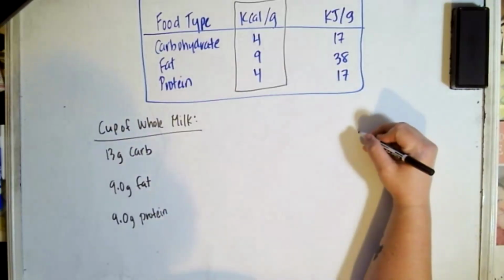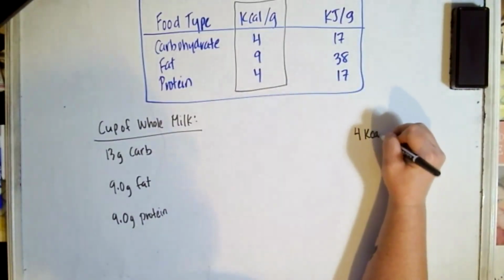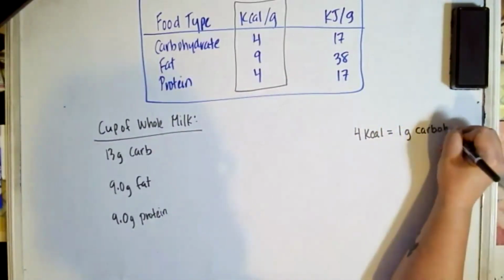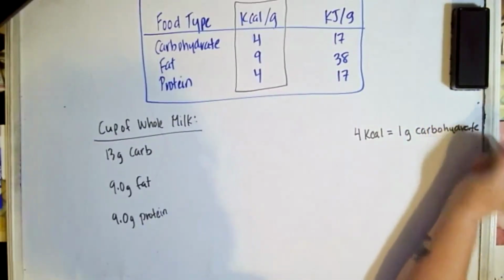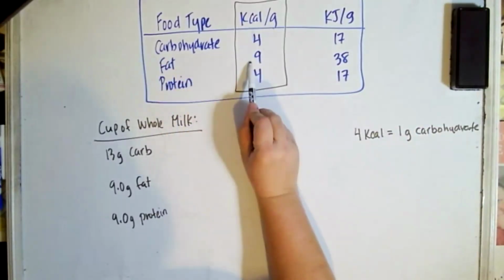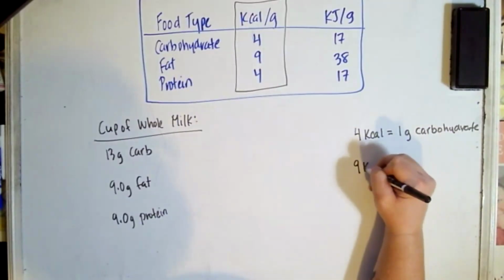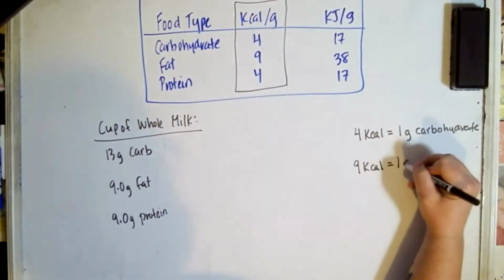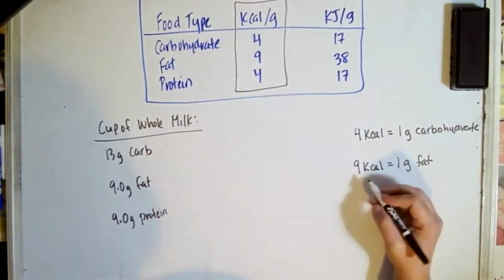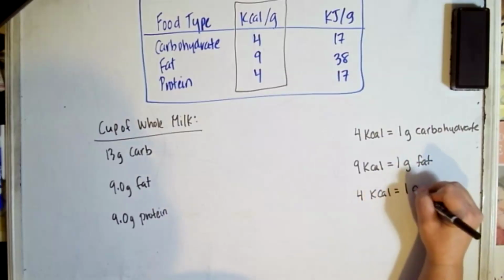For my carbohydrates, what my table is telling me is that there's 4 kilocalories for every 1 gram of carbohydrate. Right? That's what the information from the table means. For my fats, there's 9 kilocalories for every 1 gram of fat. And for my proteins, again, there's 4 kilocalories for every 1 gram of protein.